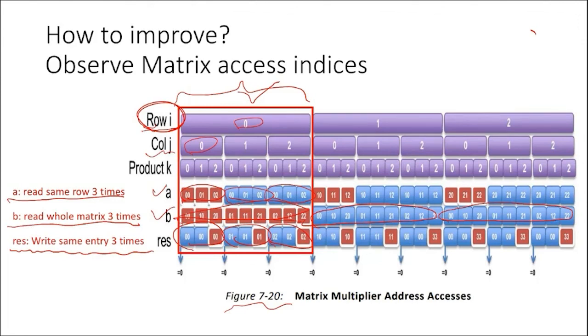For example, for matrix A, we can have an array that fetches a row, and the fetched data can be repeatedly used 3 times. But for matrix B, we need to cache the whole matrix and reuse it 3 times.